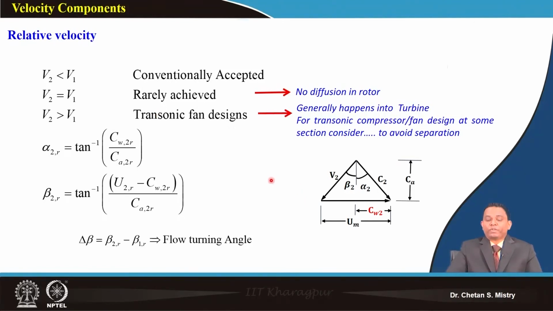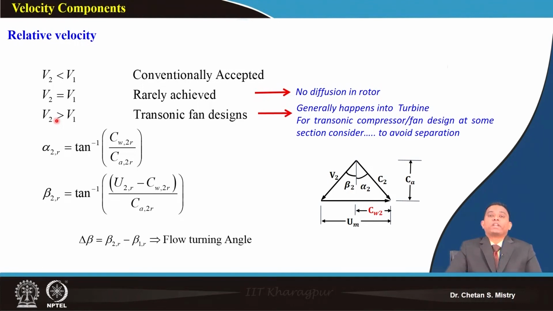So many times when we are doing our design for a transonic compressor or the fan, in some of the sections we are purposefully designing like that in order to avoid flow separation. If you recall, near the hub region this is a critical problem, and it will lead to flow separation near the hub region, and that is called hub stall.